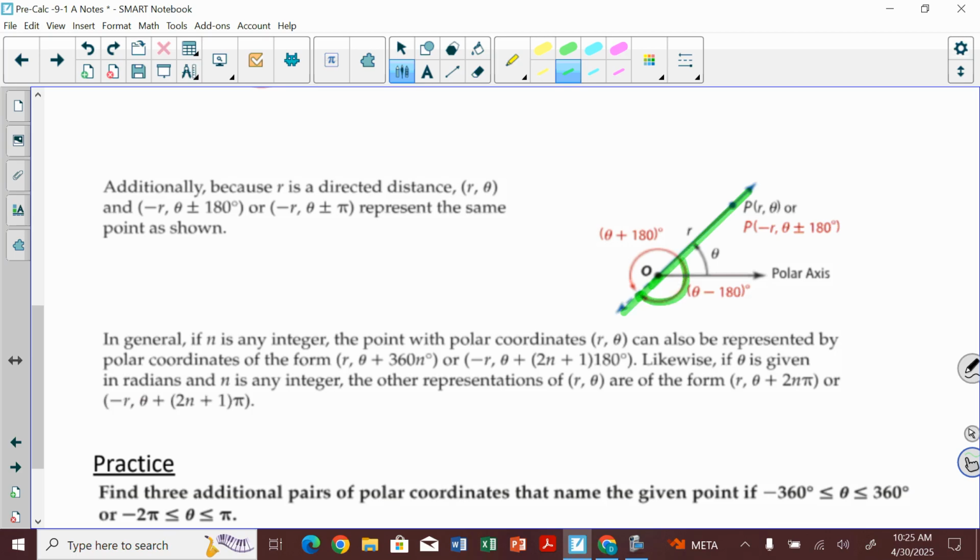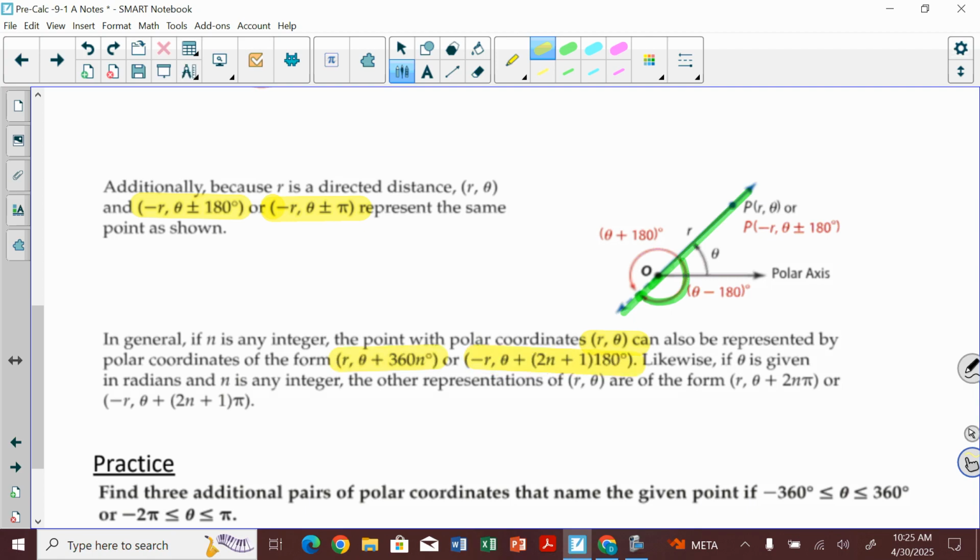So if you're using a negative r value, because you go through that pole, you could say plus or minus 180 or plus or minus pi. So basically, if I have a positive r value, I can add or subtract 360, and I'll get the same values. And if I have a negative r value, then I can go plus or minus 180 or pi, right? So kind of doing that.